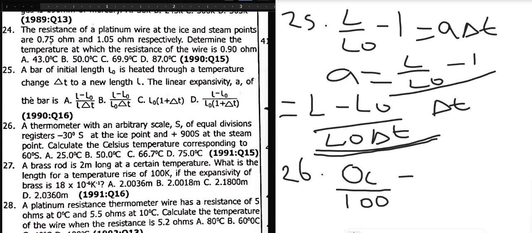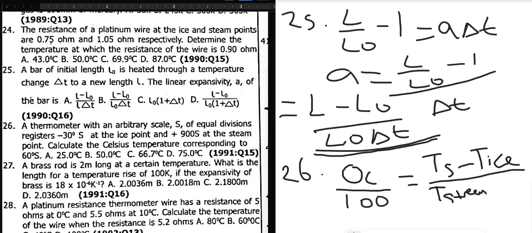Then we say equals to temperature at the S scale, then minus T ice, when it's at the ice point, over T steam minus T ice.